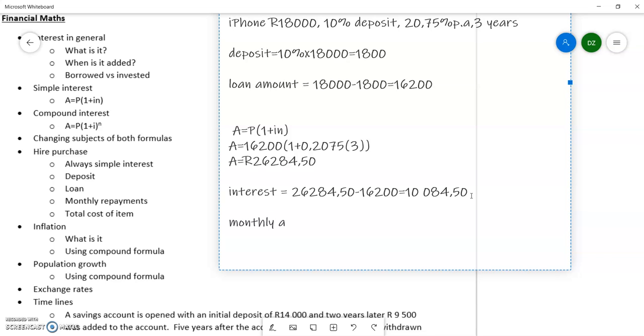Monthly amount? Well, if it's 3 years, how many months is that? Once we know that, we just take out 26,284 rand and 50 cents and we divide it by the number of months. 3 years, 36 months.